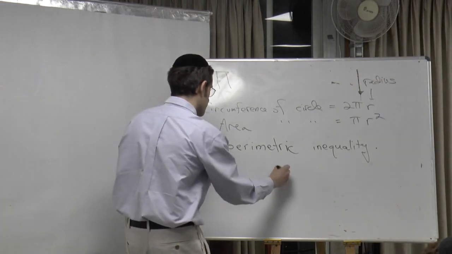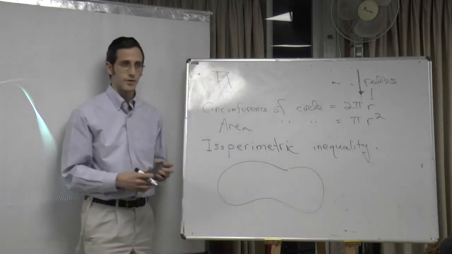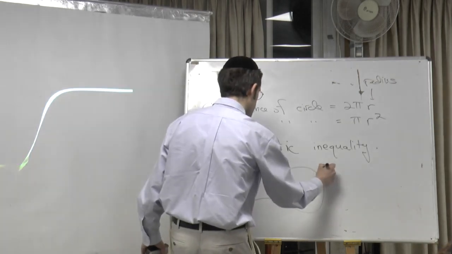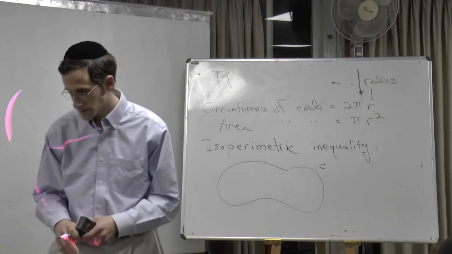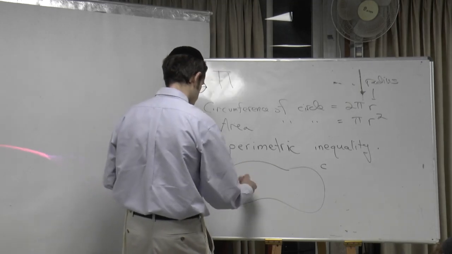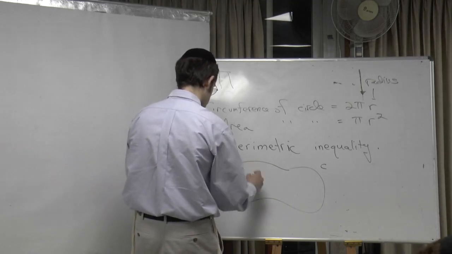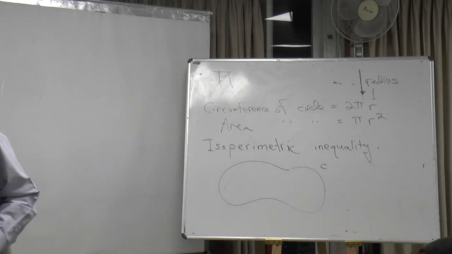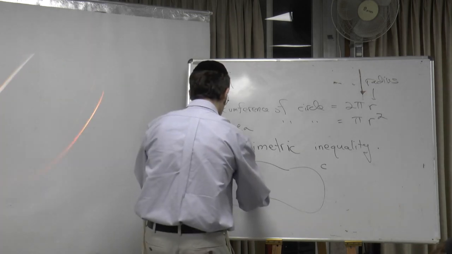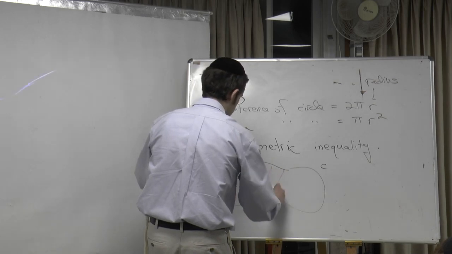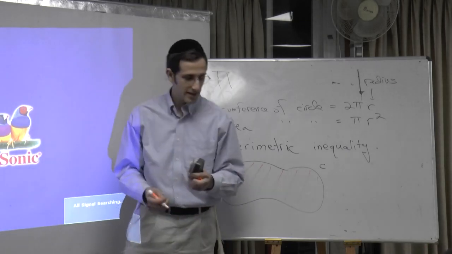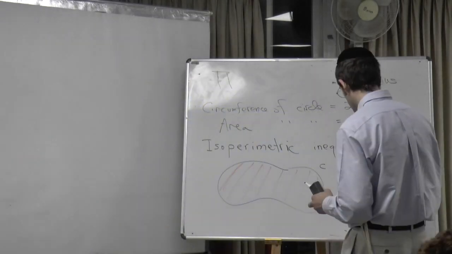Is this visible, or should I go back to the top of the board? Suppose I have a curve, let's call it C, a closed curve, and I look at the area enclosed by the curve.